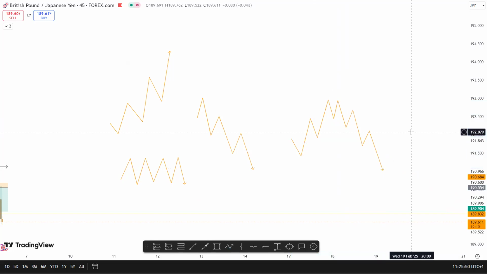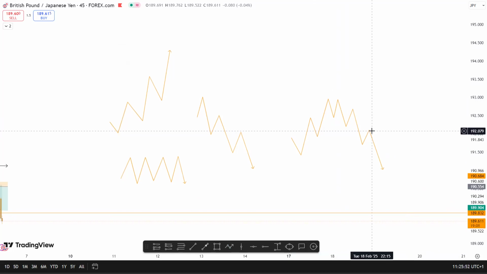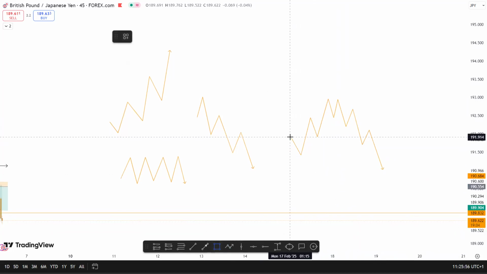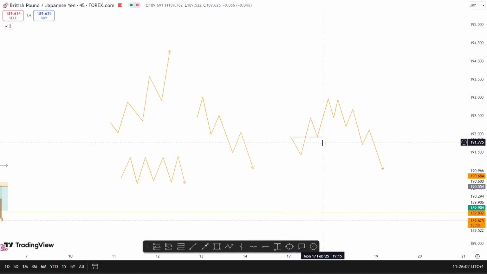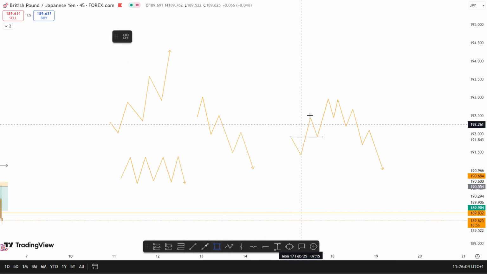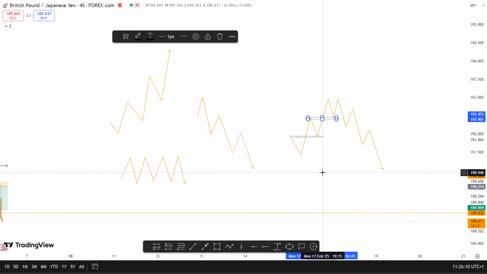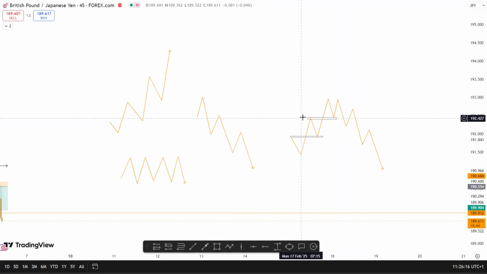Let's say that we use support and resistance zones just like here. Market uses this resistance zone as support, then breaks this previous resistance zone, turning it into support.